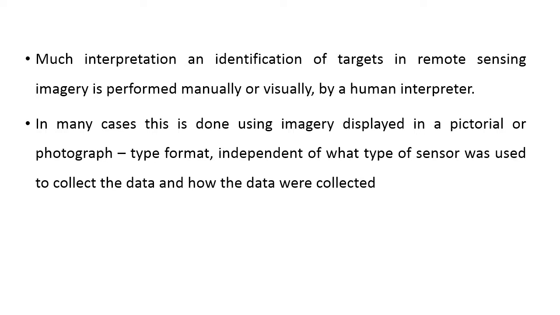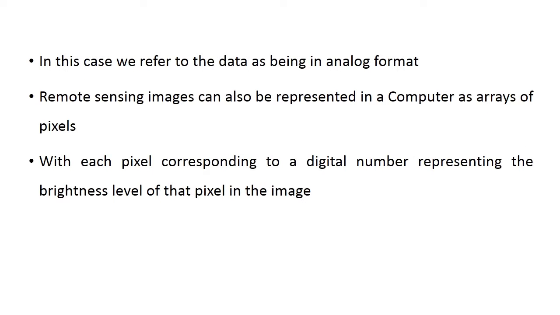Means it is done manually, just by viewing the image and trying to find out what type of target is present there. In this case, we refer to the data as being in an analog format.